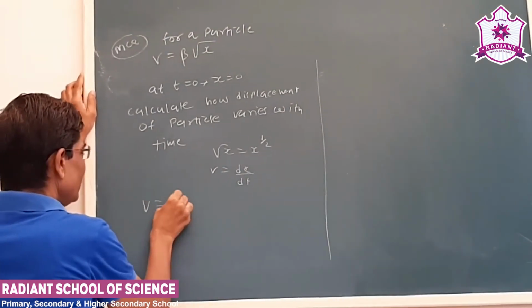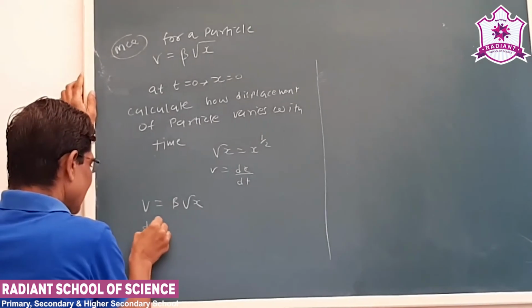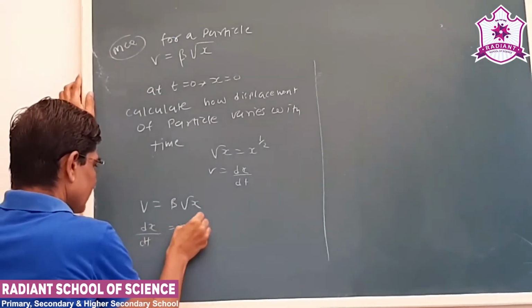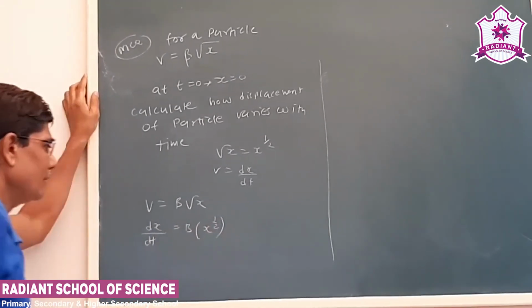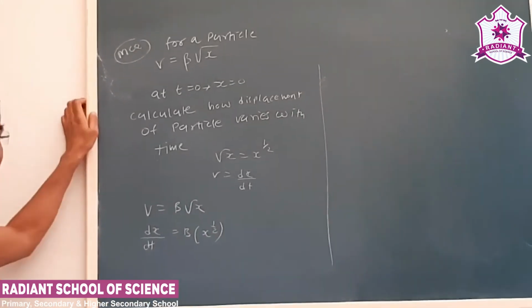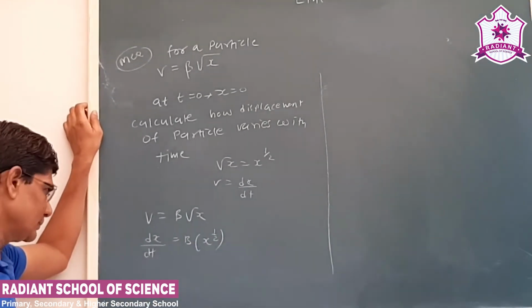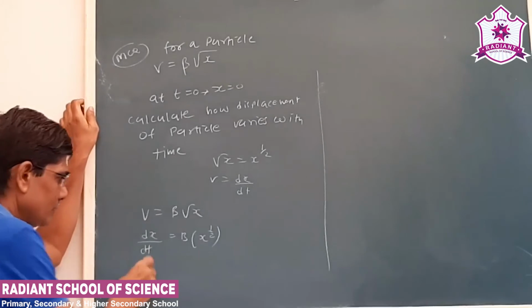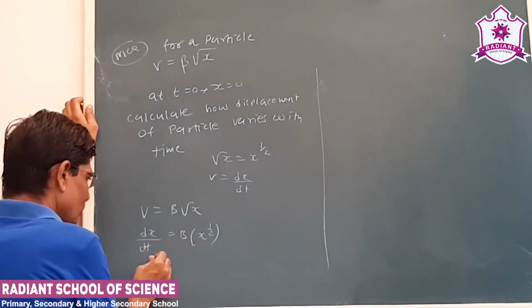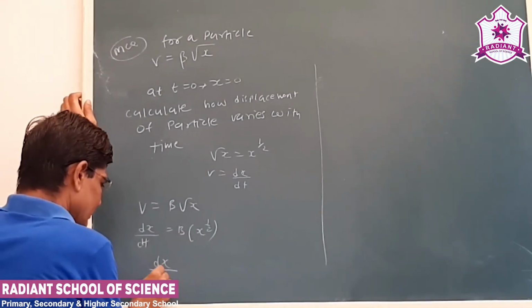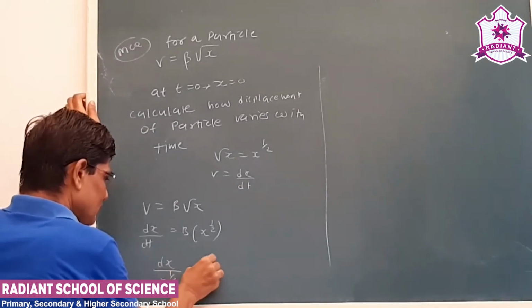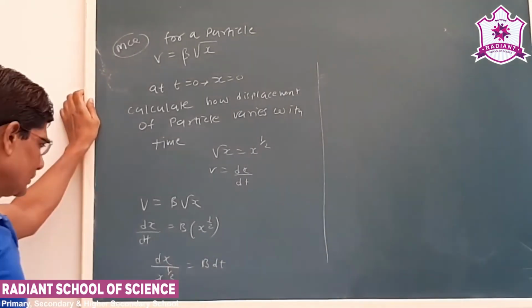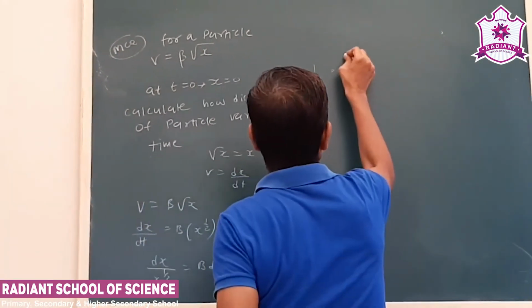So v is equal to b root x, we can write dx upon dt is b root x. Now we have to find out the relation of displacement and time. So we can write dx upon x to the power 1 by 2 is b dt.